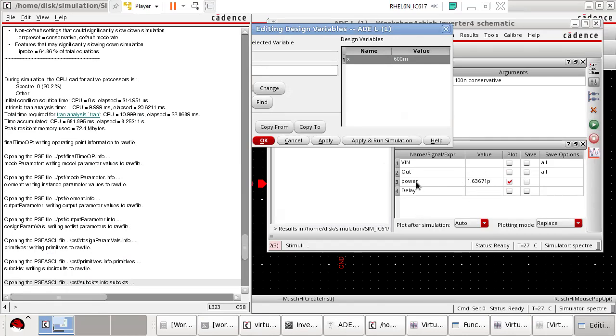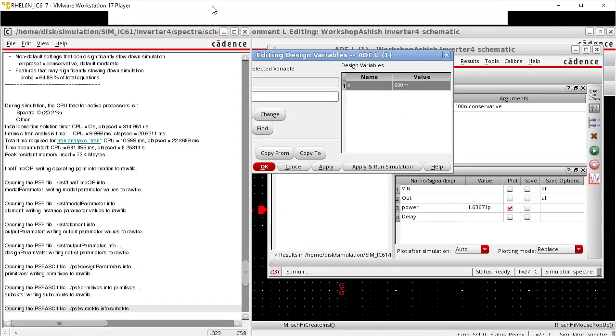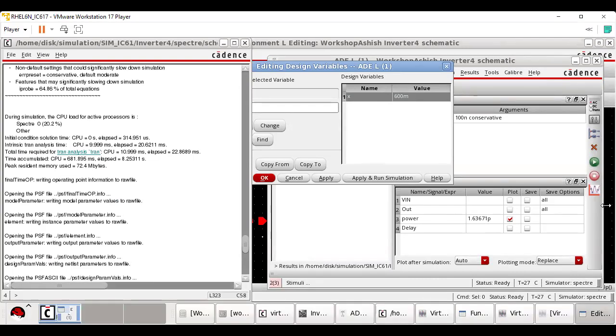Reducing the VDD is a very simple way, because you are using V cross I for power. If you reduce the V, because V is directly proportional to I, the I will reduce and automatically the power dissipation will reduce.